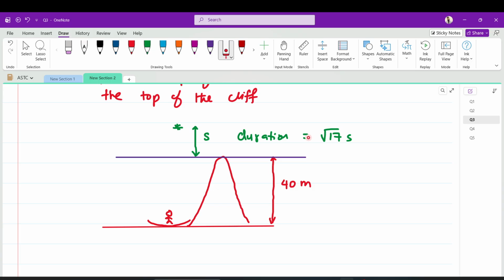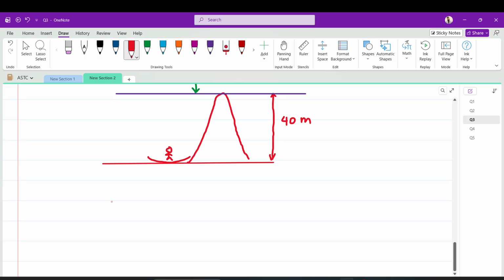We know that this root 17 is the time it goes to the maximum height and then comes back down. So what would be the time for halfway, only reaching this part? That would be half of this time, right? So we can say that time is equal to root 17 upon 2 seconds for one way.